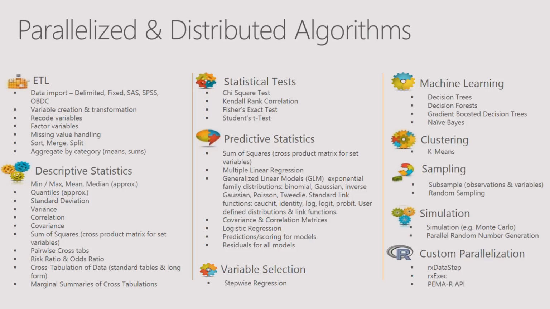So you see predictive statistics here, hypothesis testing, clustering, and one important function to call out here is the rxExec function. That's a universal function that allows you to parallelize execution of an arbitrary R script. That is a very powerful function when you are talking about algorithms that are not covered by this list of out-of-the-box parallel algorithms. It allows you to bring in some novel algorithm from the R ecosystem and simply run it in parallel on the distributed data set.